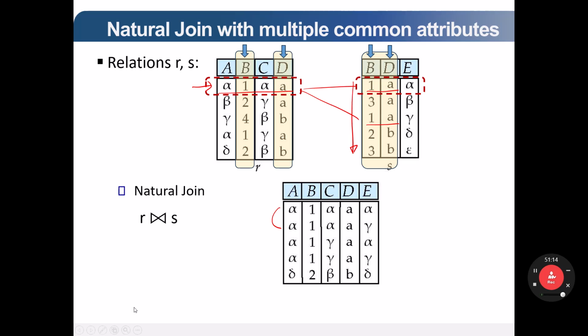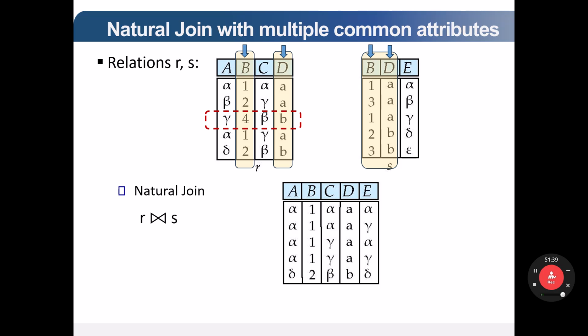Oh, I have an animation. This, they match it. So we put it in the output table, and these two also match it. We put it in the output table, and we move on to the next row of the left outer for loop. And then, oh, don't we have any 2A? No, we don't have 2A on the right side.